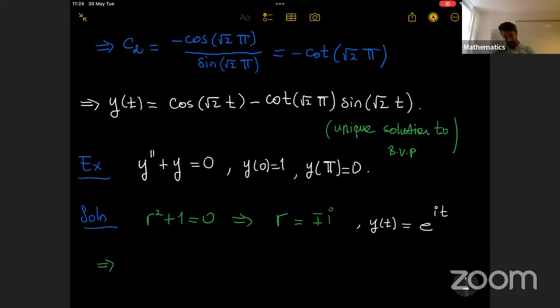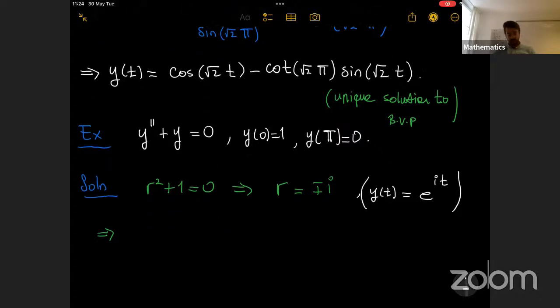The real part is cosine t and the imaginary part is sine t. So the general solution is y(t), which is c1 cosine t plus c2 sine t.